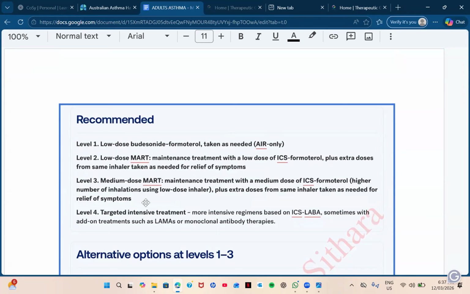We are using a low dose inhaler, but a higher number of inhalations to increase the dose, plus an extra dose from the same inhaler as needed for relief of symptoms. The only difference is that the maintenance dose is the medium dose.